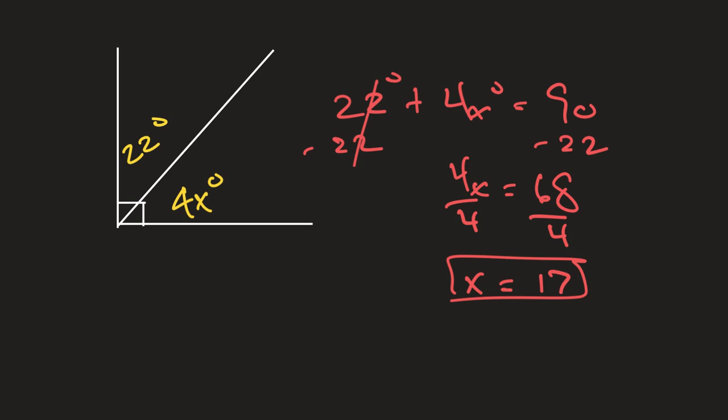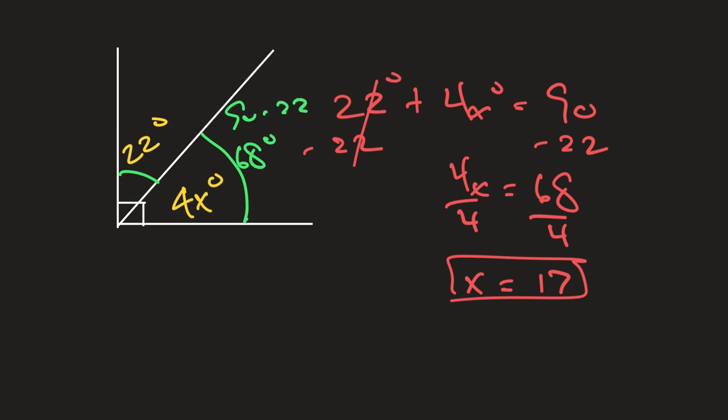The other way that we could do this, and it kind of depends on how you look at it, is you might look at this and go, you know what? If we've got an angle that's 22 degrees here, this angle is 90 minus 22, right? Which is 68.